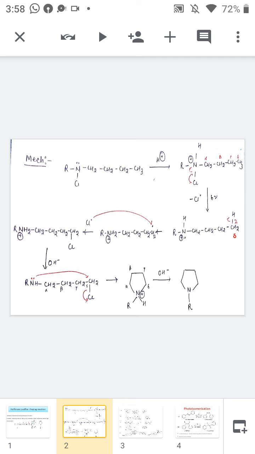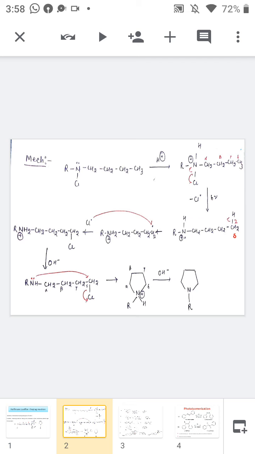First of all, if you are treating with acid, the chlorine on the nitrogen is homolytically cleaved to form a radical on the nitrogen atom, and a Cl radical is present in the reaction medium.